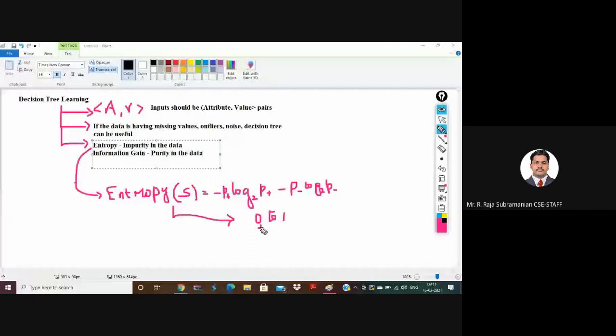While on the other end, if on both sides I have equal data, then my entropy value will be 1.